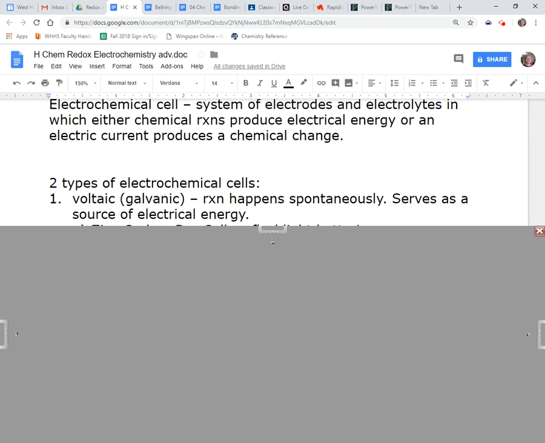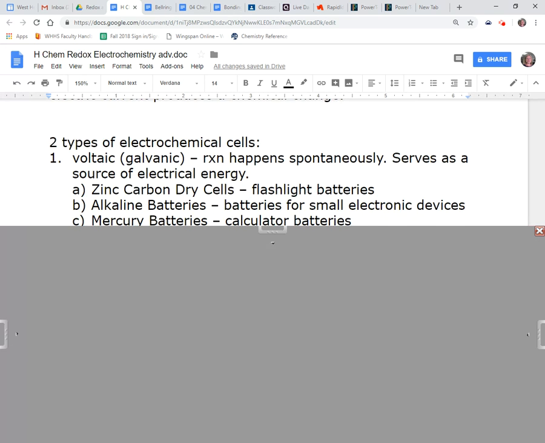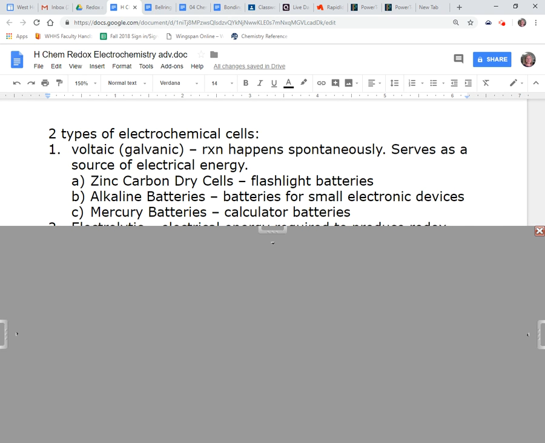So these are our batteries, and batteries produce volts. Voltaic is very easy because it produces volts, but galvanic also has a V in it, so this is the one that produces electrical energy. Any of our batteries are going to be voltaic cells.